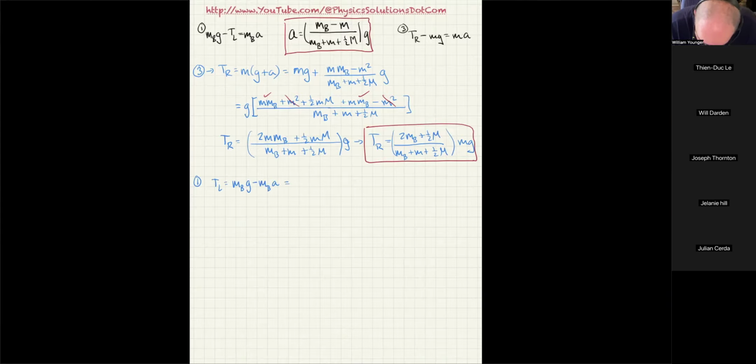So that's obviously a common factor of MB times G minus A. So I'm going to write this as MB times G, because I'm going to have a common factor of G in it.